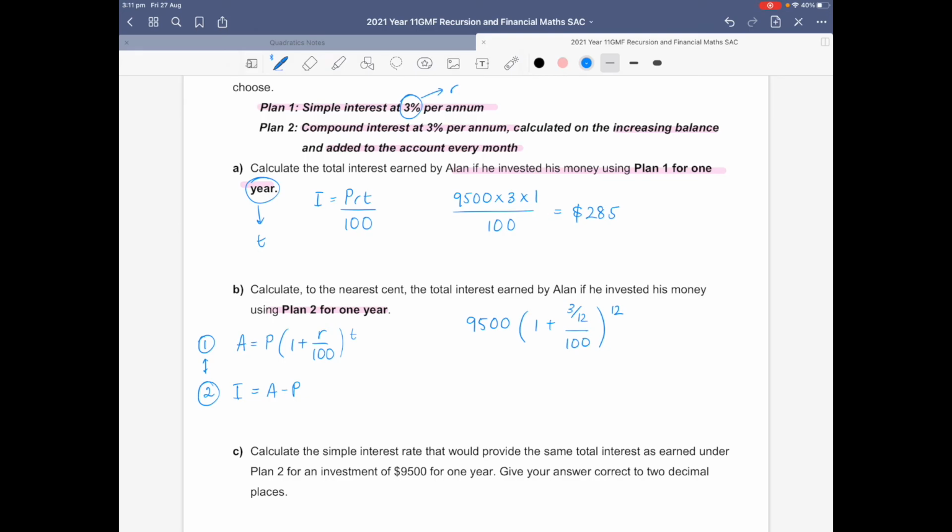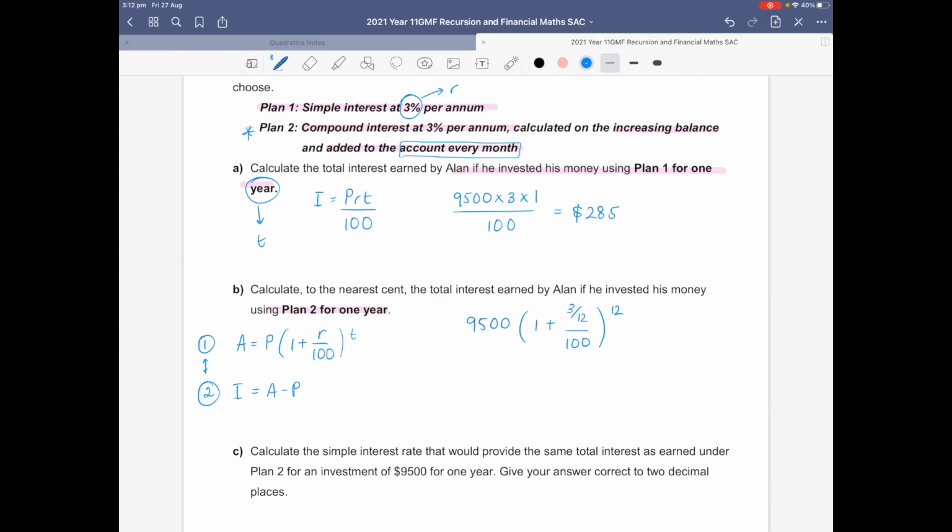Now, the reason that I've done this is if we go back to the actual question itself, or the information, sorry, it says at plan 2, it's calculated on the increasing balance and added to the account each month. So this means that Alan is actually earning some interest every month into his account. So every month we need to work out basically how much interest he actually earns.